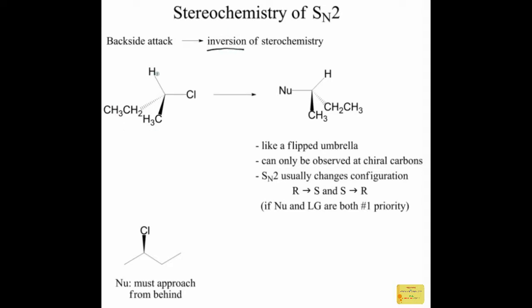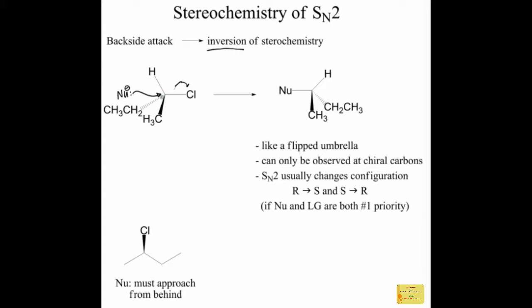And let's consider this chiral carbon has 4 unique groups on it. If our nucleophile comes in to do an SN2, we know it has to come in from this direction. And so it's going to be coming in from the left. And when it comes in and forms a bond, it's going to be staying on the left. And what's going to happen to these 3 groups that were on the right?